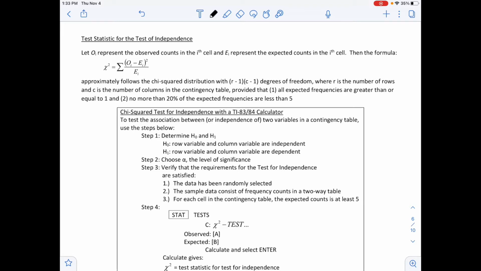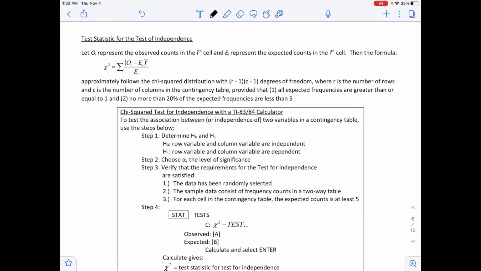This approximately follows the chi-square distribution with R-1 times C-1 degrees of freedom. So R is the number of rows and C is the number of columns in the contingency table, provided that all expected frequencies are greater than or equal to 1 and no more than 20% of the expected frequencies are less than 5.